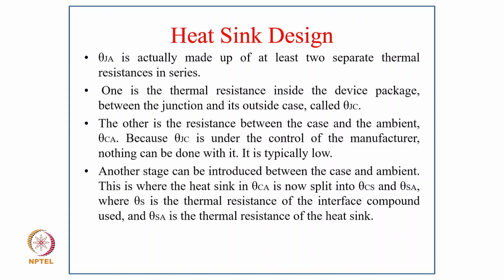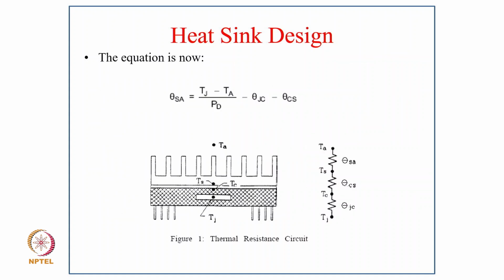It is typically low. Another stage can be introduced between the case and ambient, and this is where the heat sink comes in. Theta Ca is now split into theta Cs and theta Sa, where theta Cs is the thermal resistance of the interface compound used and theta Sa is the thermal resistance of the heat sink.